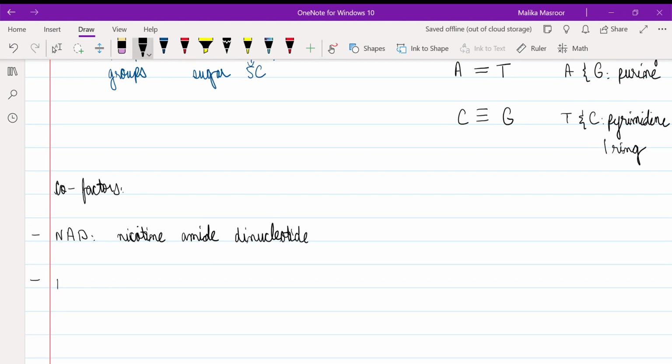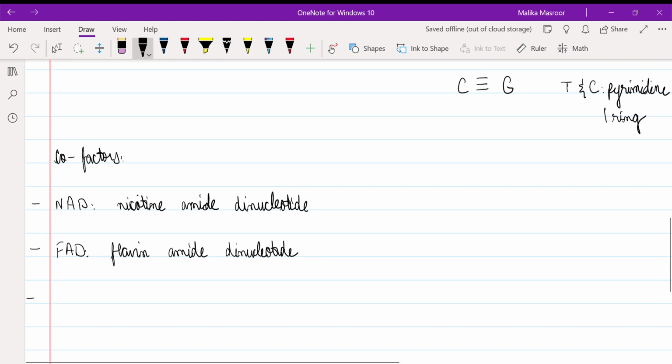Then you have FAD, flavin adenine dinucleotide, and you have NADH, that is nicotinamide dinucleotide.